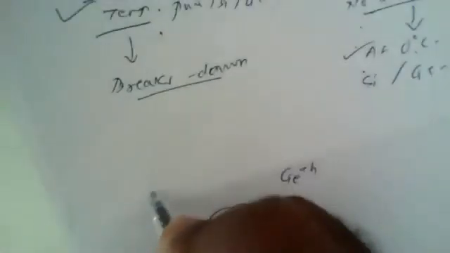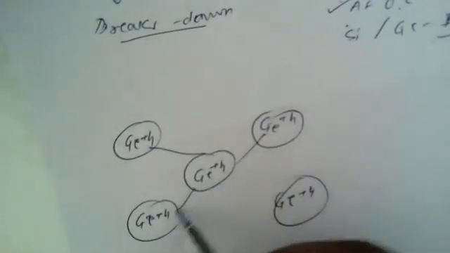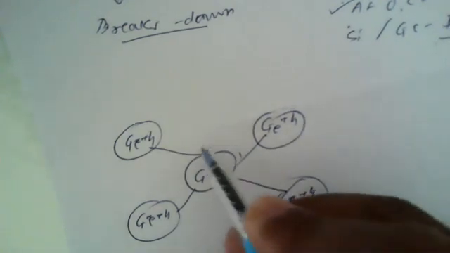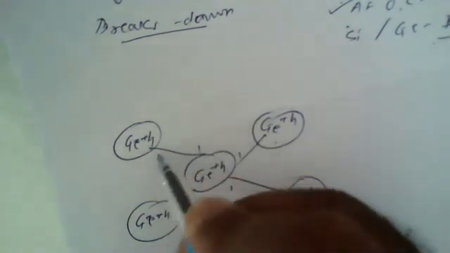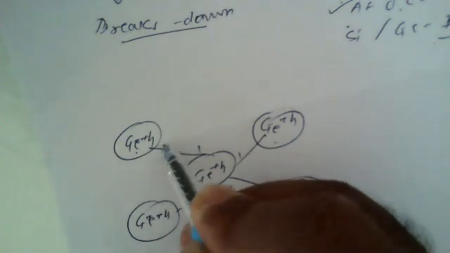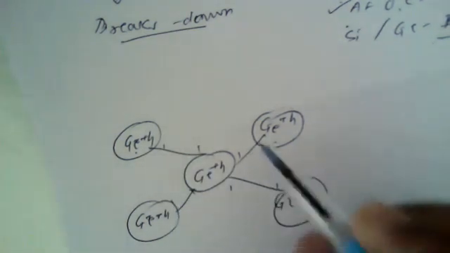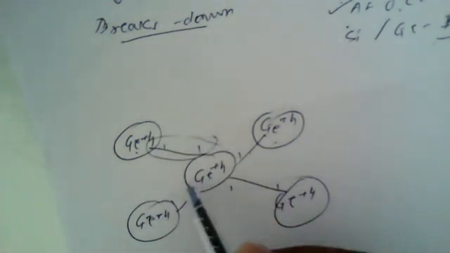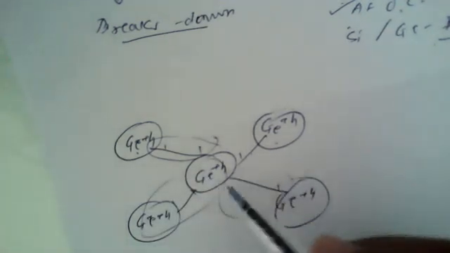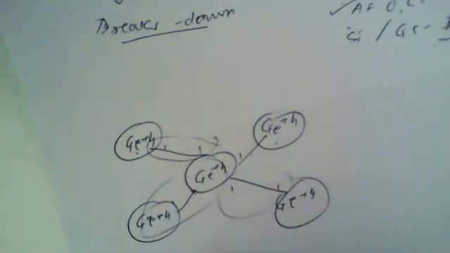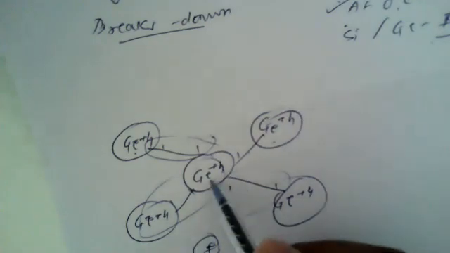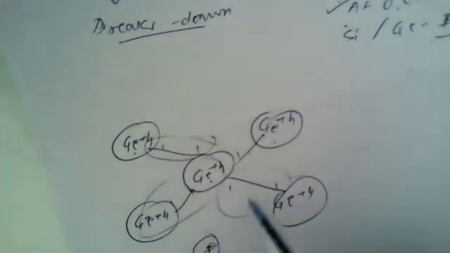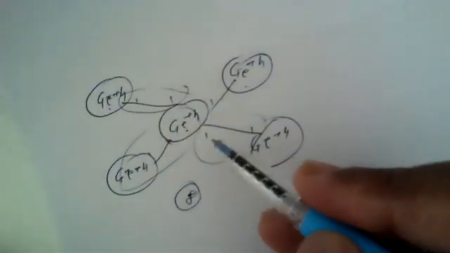This is germanium, this is also germanium, atomic number 32. Every germanium can contribute its single electron, and the surrounding germanium atom also contributes its single electron, and hence every germanium contributes 2 electrons to each bond, so again 8 electrons are there with every germanium atom, and hence they do not carry any current.